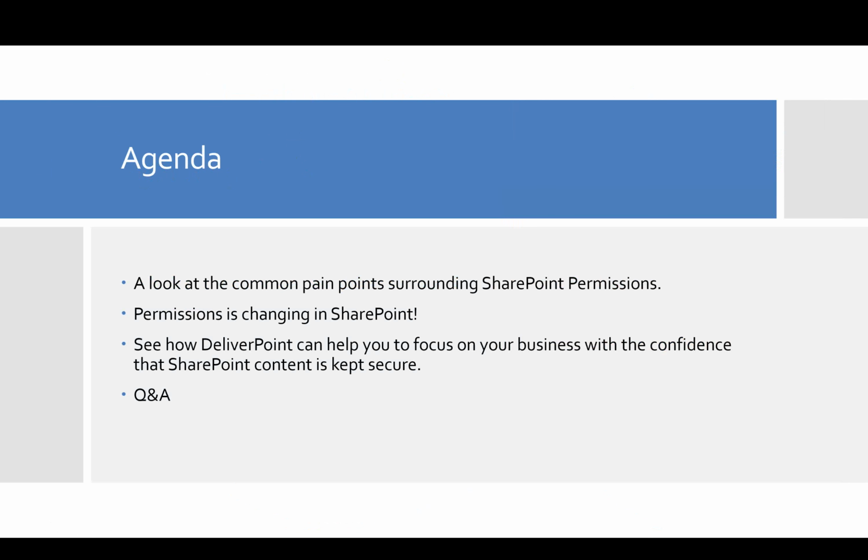And then we're also going to have a look at how permissions are changing in SharePoint. And this is the first time really since SharePoint 2003 that I've seen quite a dramatic change in the way that permissions work. And that's with the introduction of the Office 365 SharePoint Online modern sites.